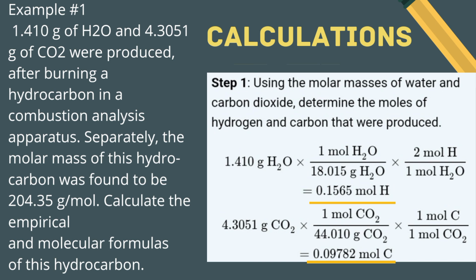The molar mass of 1 mole of carbon dioxide is 44.10 grams of carbon dioxide. So again, since the value of 1 mole of carbon dioxide corresponds to only 1 mole of carbon, you put 1 mole of carbon there, since 1 mole of carbon dioxide has only 1 carbon. So let us compute it.